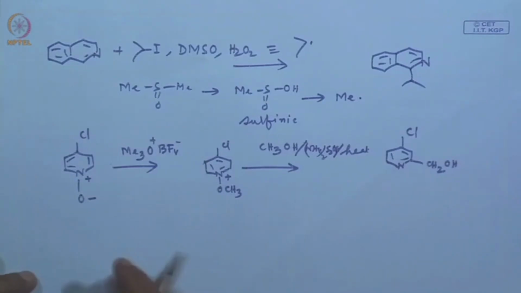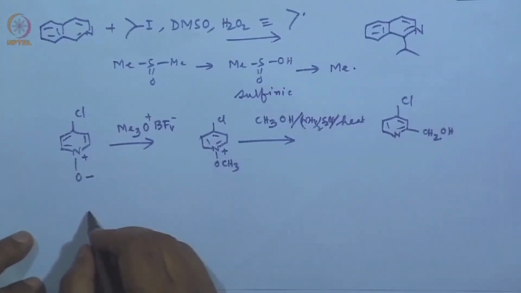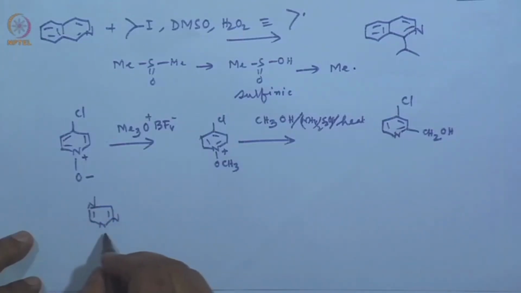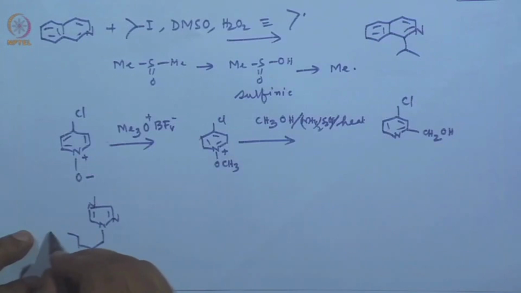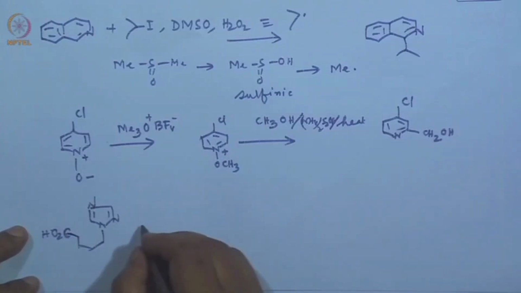Let me give you one more example. This is an azole, an azole with 3 nitrogens, then it has a side chain, and it is a carboxylic acid side chain.